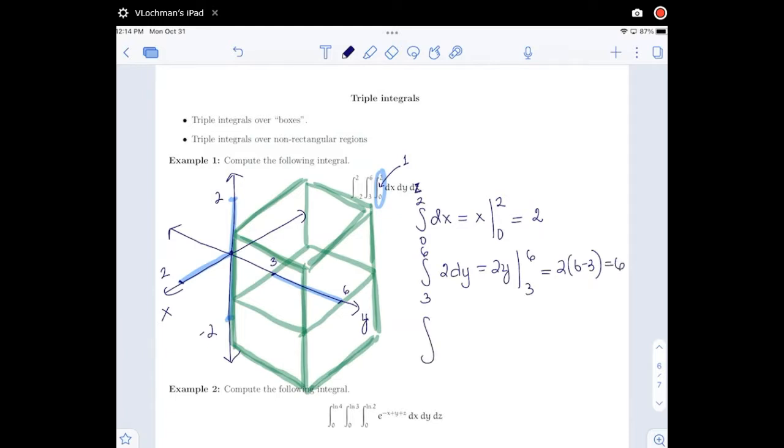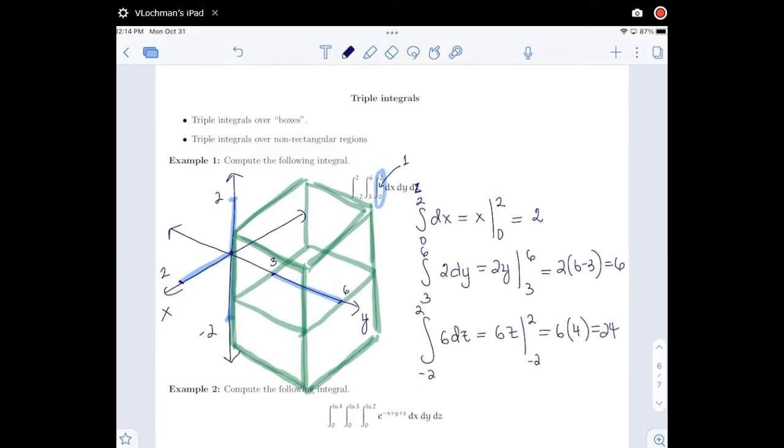And then the last one, we go from -2 to 2. 6 dz, that would be 6z from -2 to 2, so that's 6 times 4, 24.